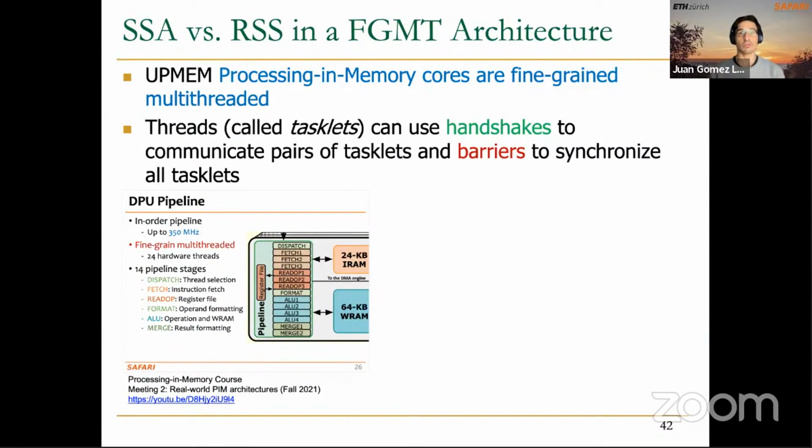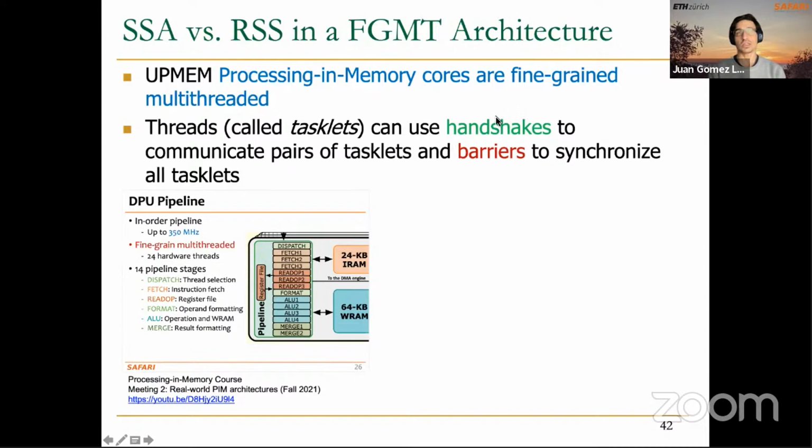In this fine-grained multi-threaded architecture, we have threads called tasklets that execute on the in-order cores that compose, you can see here, the DPU pipeline, the in-order cores that are these DPUs or DRAM processing units. And the tasklets, the threads that execute on this pipeline, can use handshakes to communicate pairs of tasklets.